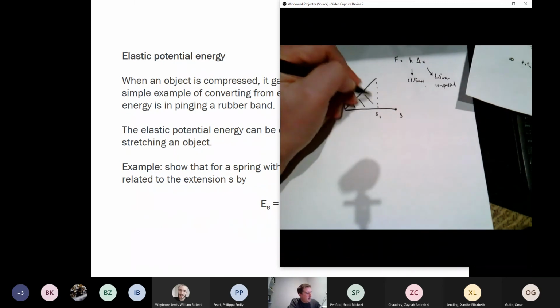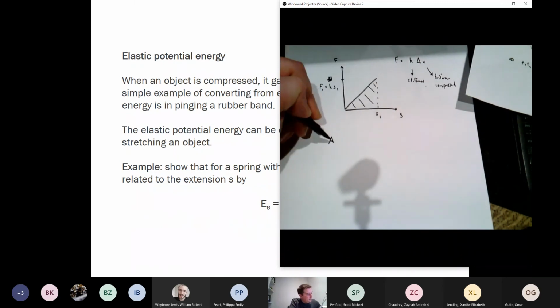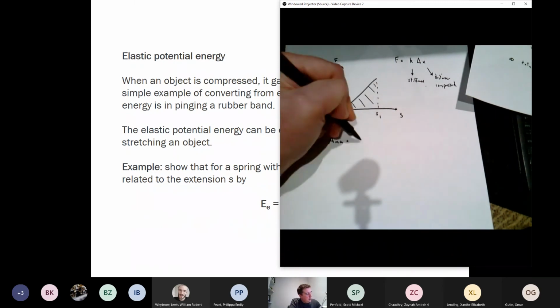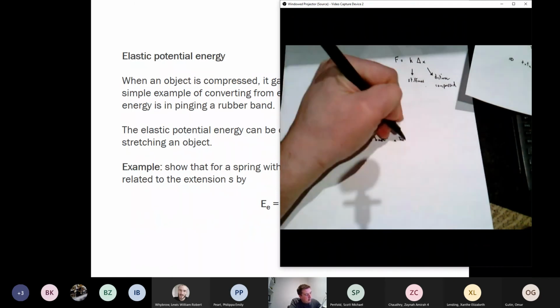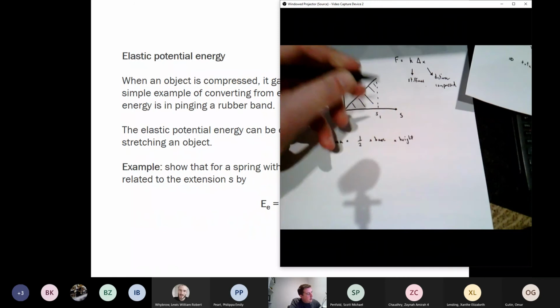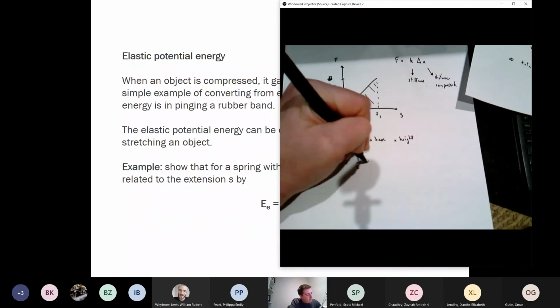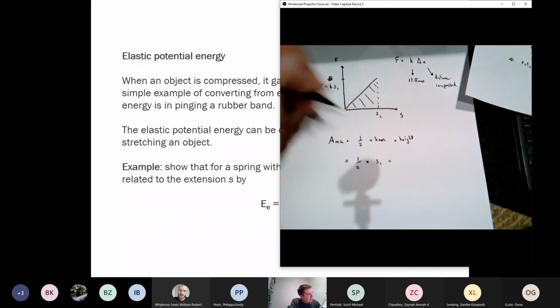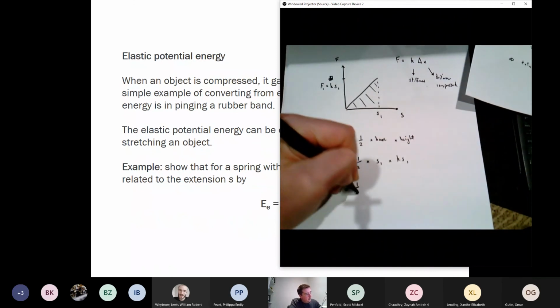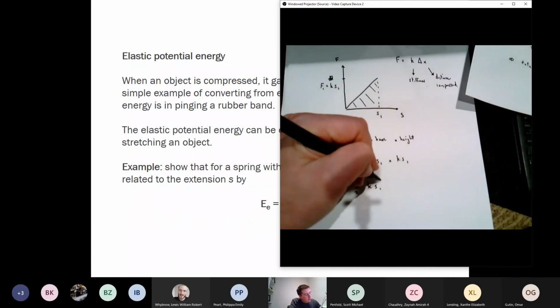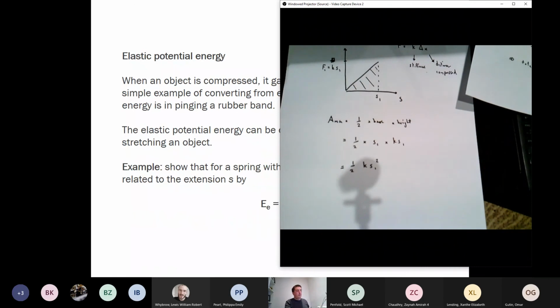And so this shaded area is 1/2 times the base times the height, which equals 1/2 times S1 times KS1, which equals 1/2 KS1 squared.